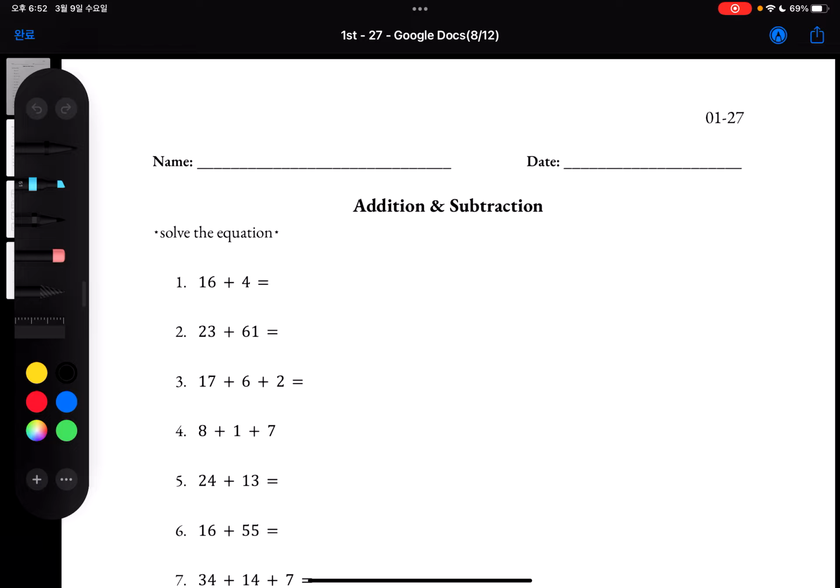Now, number 1 says 16 plus 4, and I can solve this problem by using a step method. For step method, you'll start with the first number, which is 16 in this problem, and add 4, which means you go 1, 2, 3, 4 to the right or to the front.